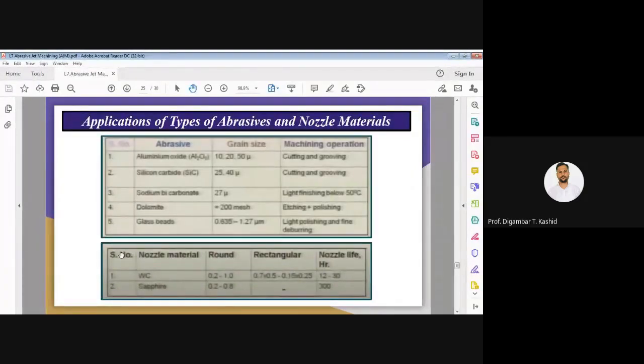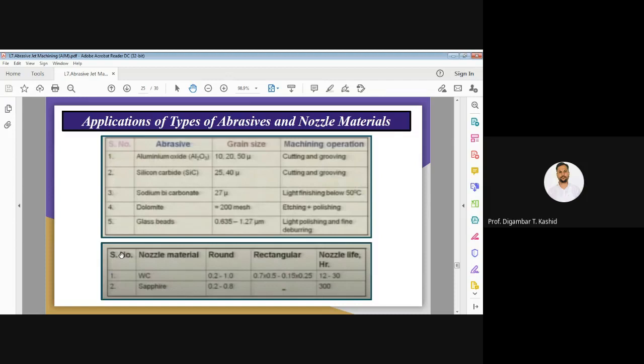The grain size normally used is 20 micron, and this abrasive is good for cutting and grooving purposes. Then silicon carbide, SiC, having a 25 micron grain size. That abrasive type we can use for cutting and grooving purposes.